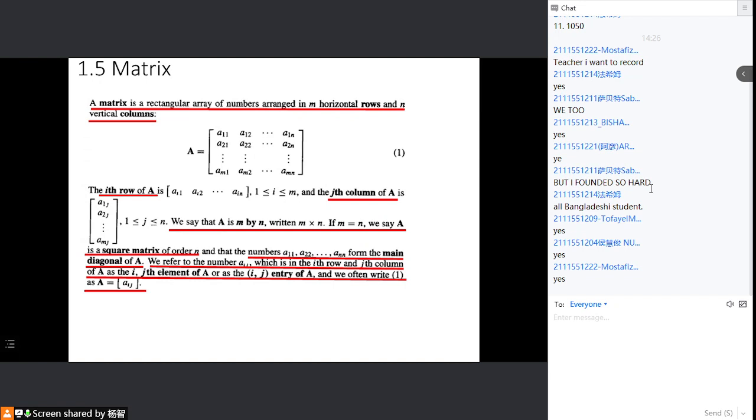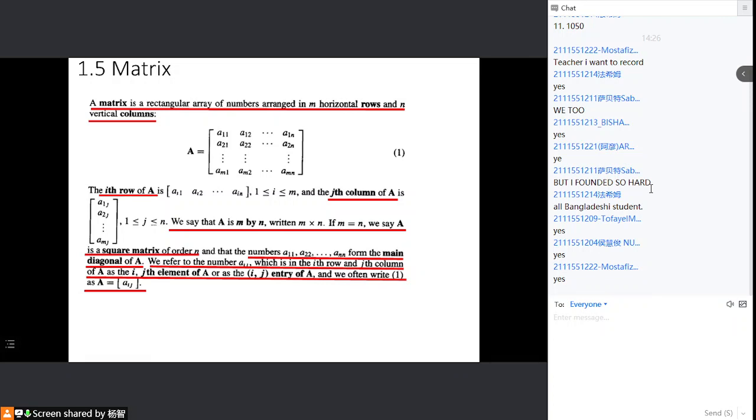Every picture or every three-dimensional character is described by a matrix. And if you use your phone to take a picture, this picture will be transformed into a matrix to be stored in your cell phone.